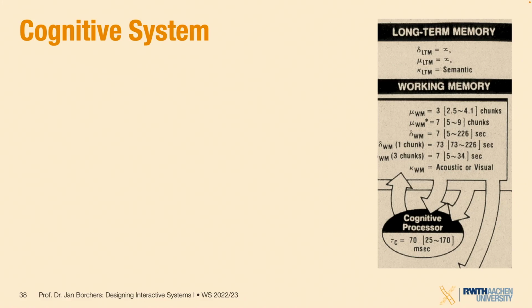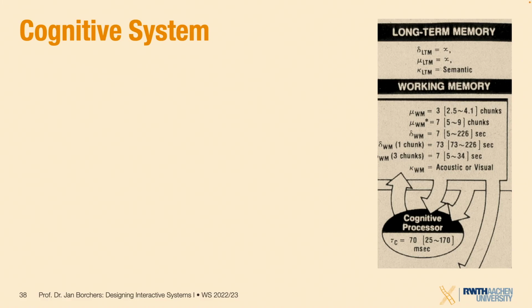The capacity is given as something like 7 chunks, although this can also vary. This other number, the lower number, refers to how much capacity you have if you constantly flood it with new information. What's more interesting here is that the half-life of this memory is also limited.